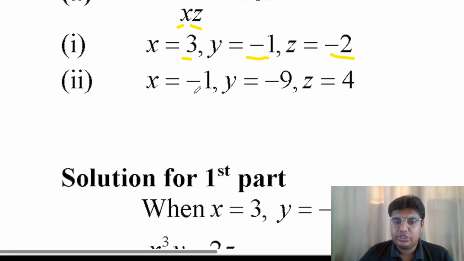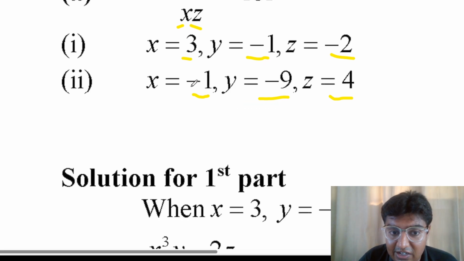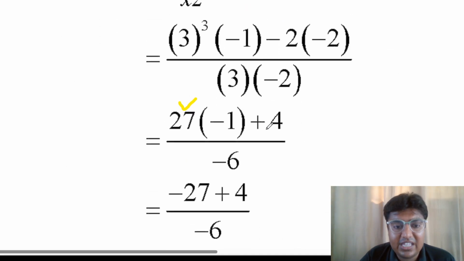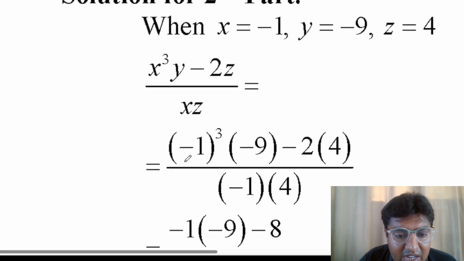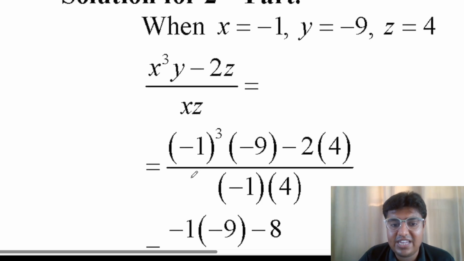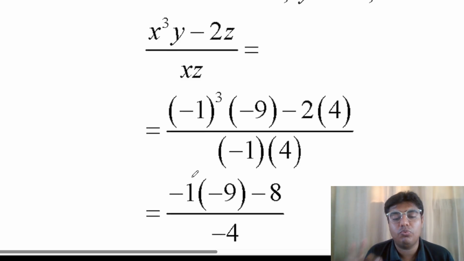Moving towards part 2, again same procedure. You have to be very mindful after putting the values, because the values are negative, so be careful about this. I will just put the values. -1 to the power 3 means -1 multiplied by -1 multiplied by -1, which equals -1.